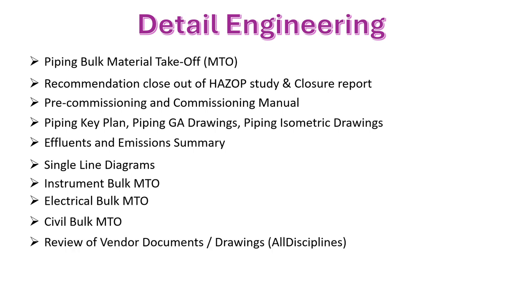Then also we have to review the vendor documents like GA drawings for the equipment. We have to review and send them with comments for approval. Then we have to review or prepare a techno-commercial comparison for the equipment where we have multiple contractors, sorry, multiple vendors like equipment suppliers.